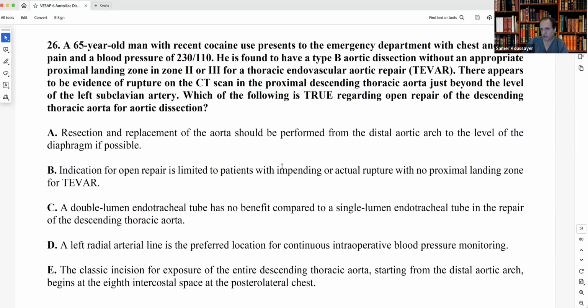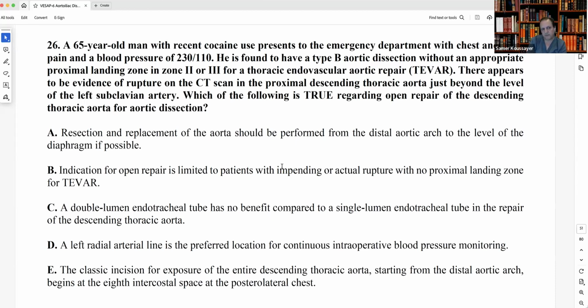You don't have to go all the way to the diaphragm, because this increases the chance of paraplegia, which is the worst outcome, especially when the patient is hypotensive and ruptures. So always be very limited when you deal with the thoracic aorta. Just resect the part which is causing a problem and get out.